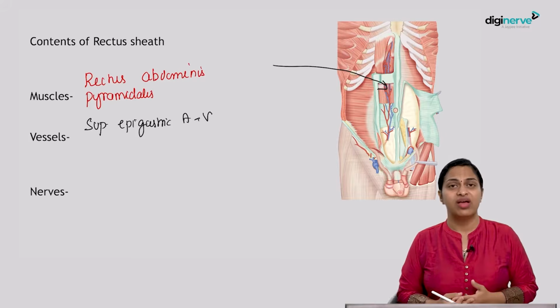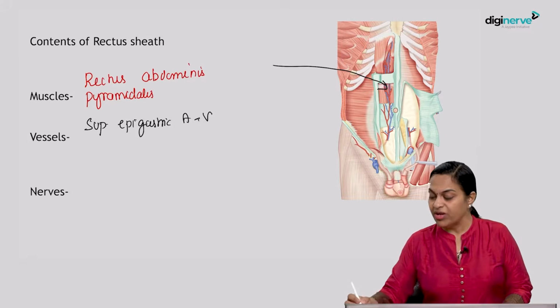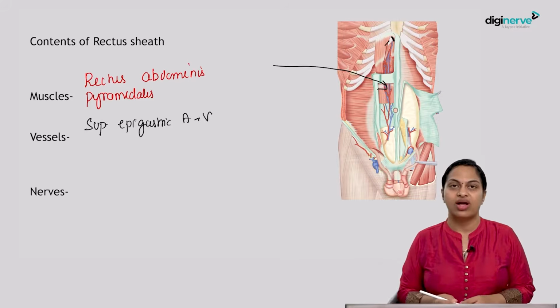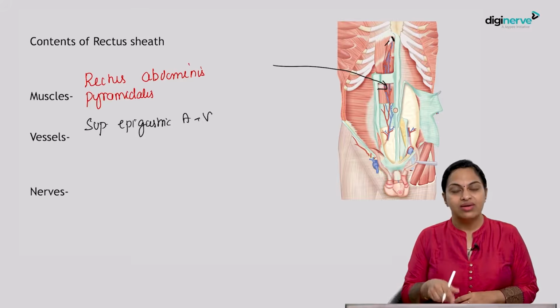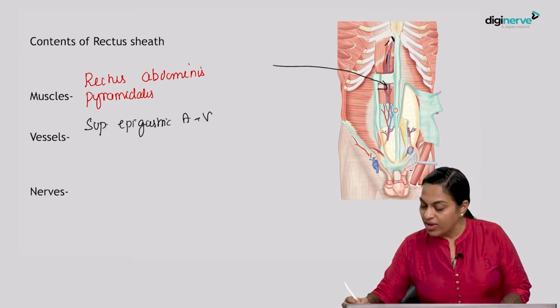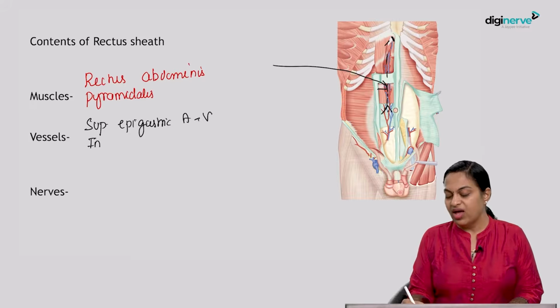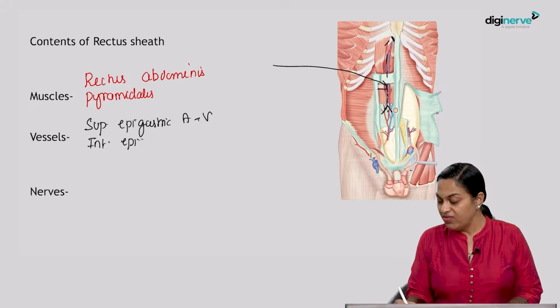Whereas the superior epigastric artery, through the gap between the diaphragmatic origin from the xiphoid process and the 7th costal cartilage, through that gap, the foramen of Larrey, will enter the rectus sheath. You can see it coming down, right? And opposite the umbilicus, it will anastomose with the inferior epigastric vessels.